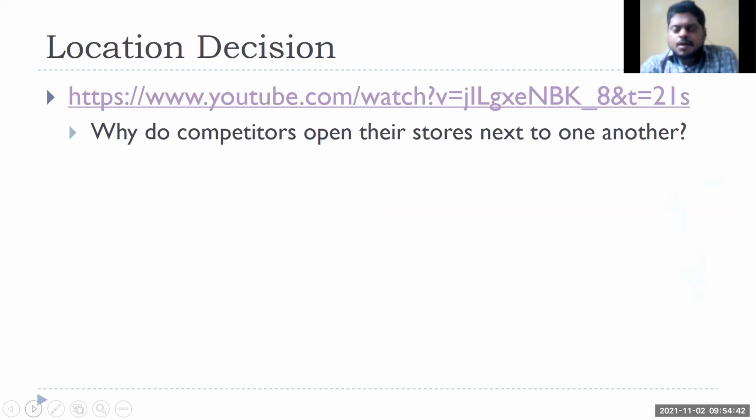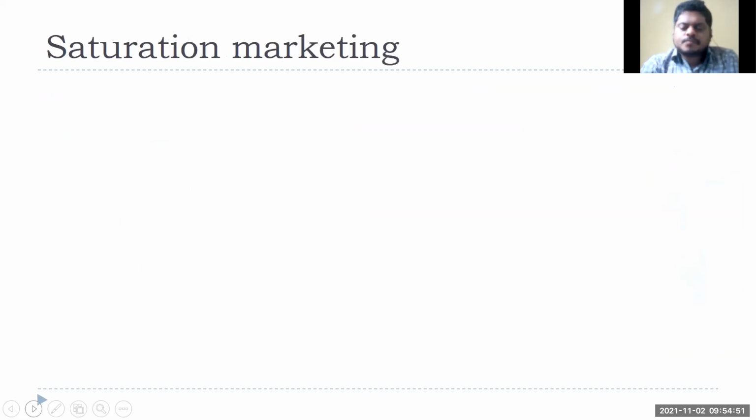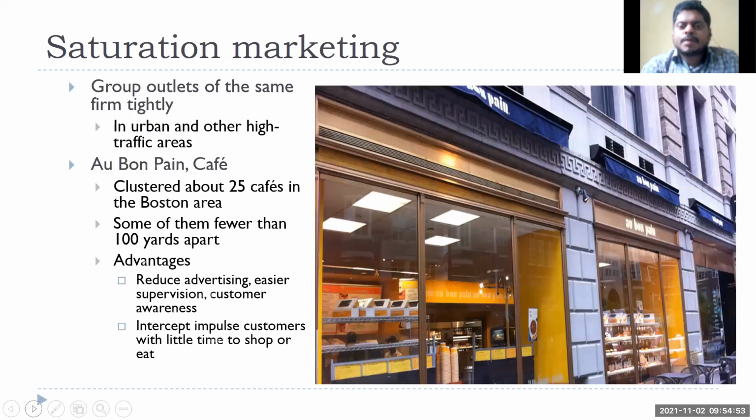Location decision: go through this small animation, how these two ice cream stands come closer to each other. So I'll not go through it. The second aspect is saturation marketing, right? What we discussed on competitive clustering is different competitors, different companies being at a single place.